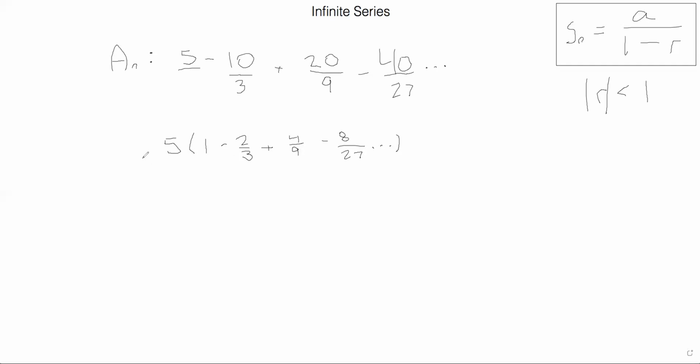Now that we factored out what they have in common, let's see what number we have to multiply by to get the next element in the set. So 1 times 2/3 is 2/3. 2/3 times 2/3 is 4/9. 4/9 times 2/3 is 8/27.